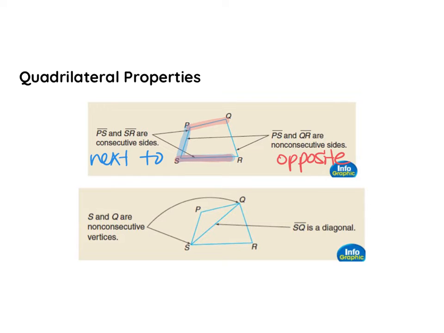So same for vertices. We could have opposite, so non-consecutive vertices. So Q and S, right, are opposite. Anytime it says non-consecutive, right, opposite. And then lastly, SQ is a diagonal. So again, that connects non-consecutive vertices.